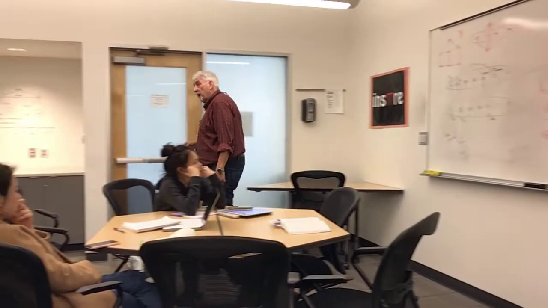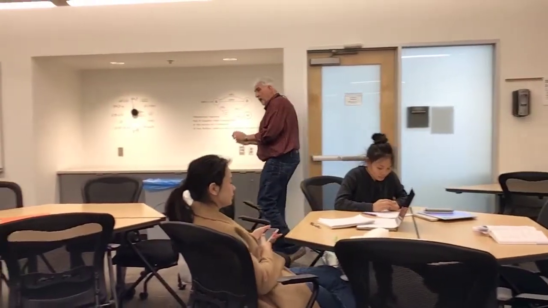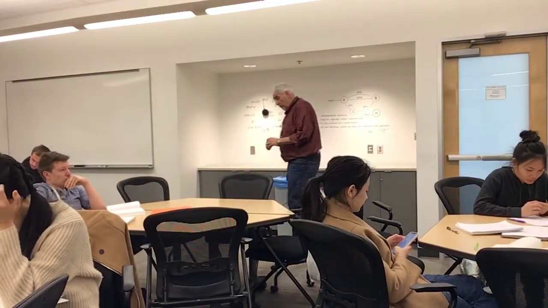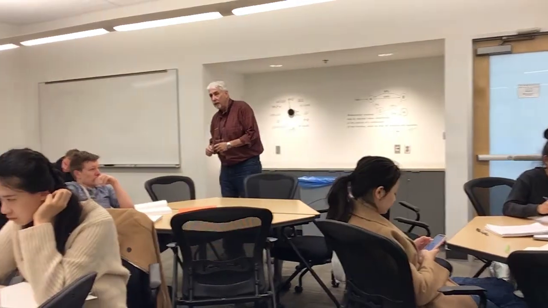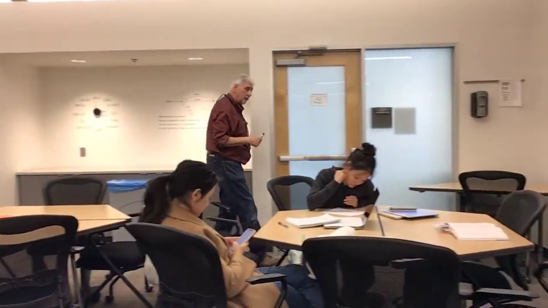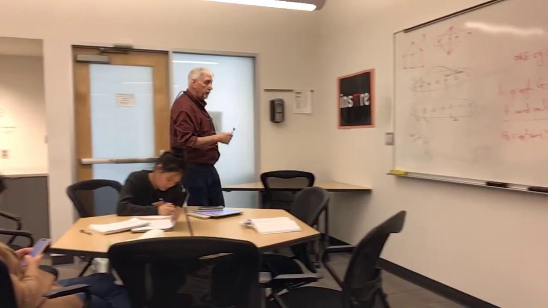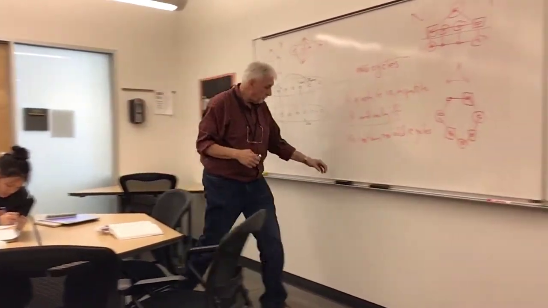Okay, so there is a characterization of bipartite graphs. A graph G is bipartite if it contains no odd cycles. And in fact, even only if it contains no odd cycles. Okay, one more time.